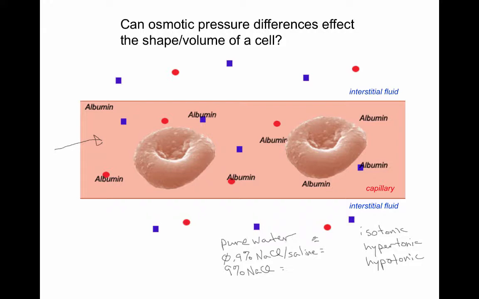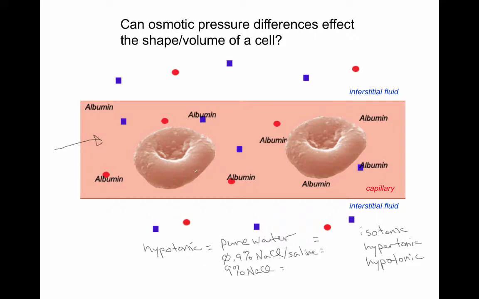If you said that pure water is hypotonic, then you're on track. Hypo is below tonicity. This is going to be a lower osmotic pressure infusion. And as we know, when we enter a lower osmotic pressure item, it has less solute.